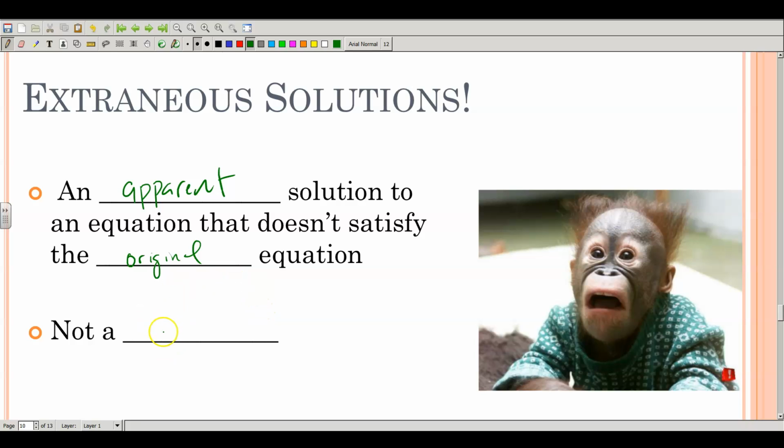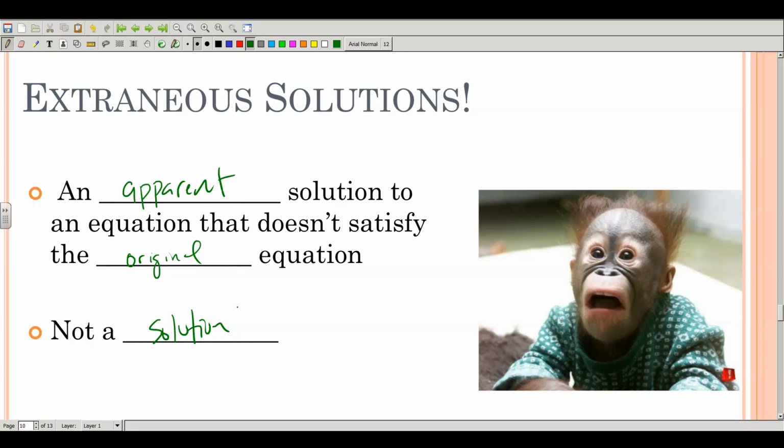So we can put that in here. This is not a solution. What happens there is you take a look at the equation, you solve the equation algebraically, and you don't break any algebraic rules, but you get some answers that don't make sense in the problem, or when you take that number and plug it back into the original equation, it just doesn't satisfy it.